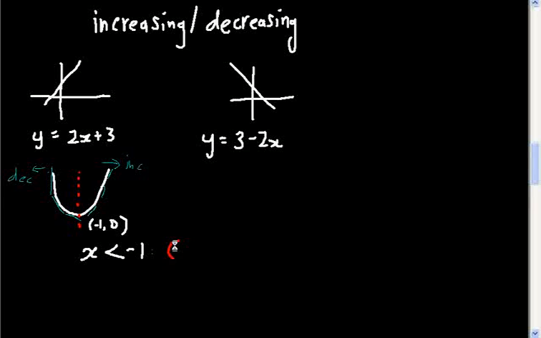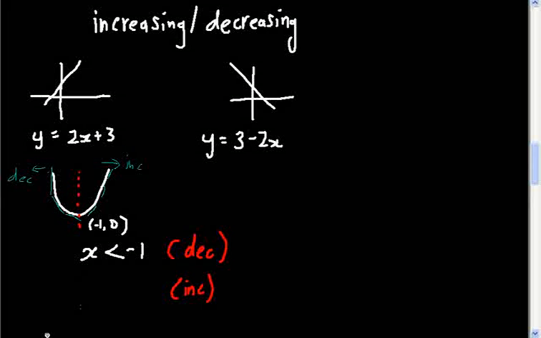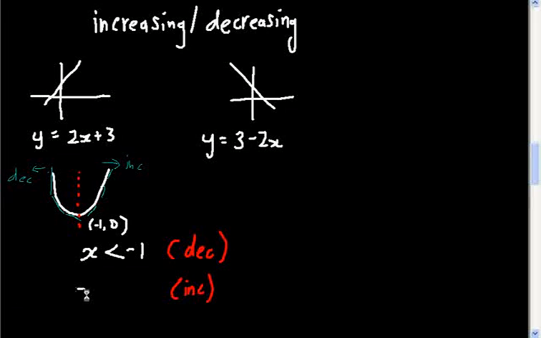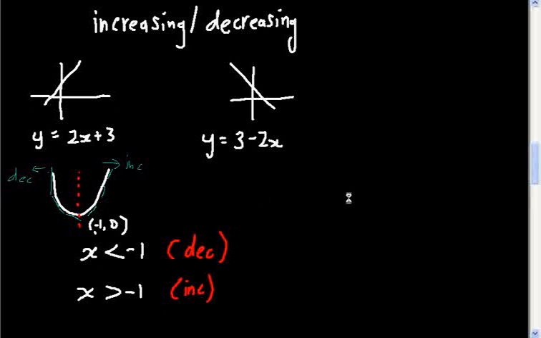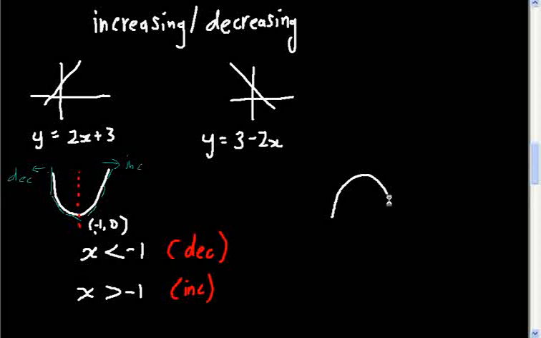Okay, so that's the inequality showing the decreasing values. The inequality showing the increasing values would be what? It would be x is greater than -1. Okay, so that way you'd work out which parts of the function the function is increasing and which parts the function is decreasing.